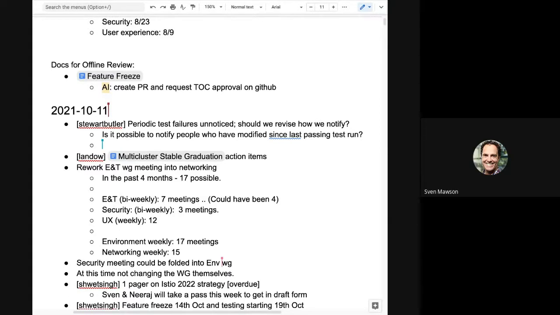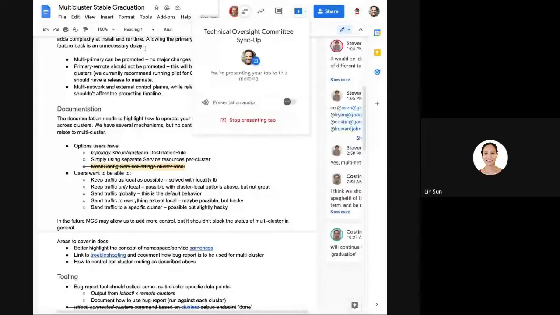Yeah, I can show the other one. So Lynn, you said multi-primary. That's the only one being advocated for promotion. Yeah, multi-primary means each Istio cluster has its own Istio in it.